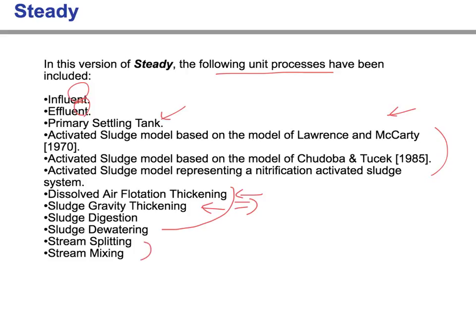And stream splitting and stream mixing are also included because sometimes you need to mix the stream, sometimes you need to split the stream, otherwise the process cannot be really realistic. So these functions are also included in this software. These are all the things that you need to learn before you actually try to use Steady.